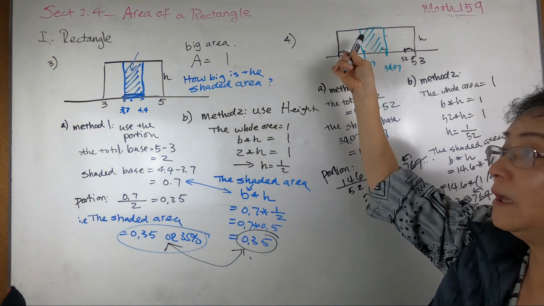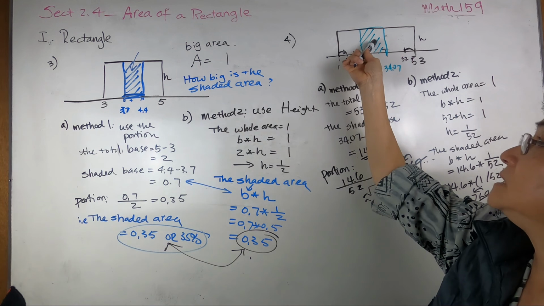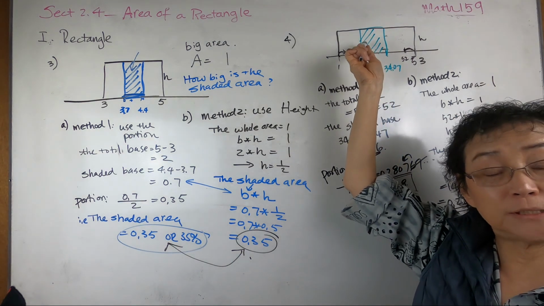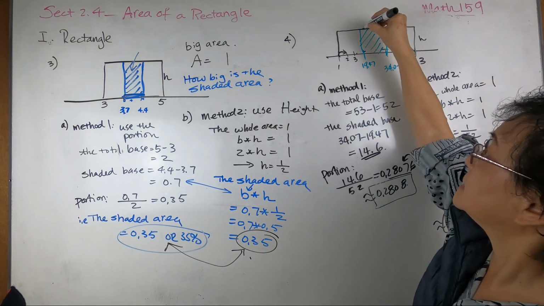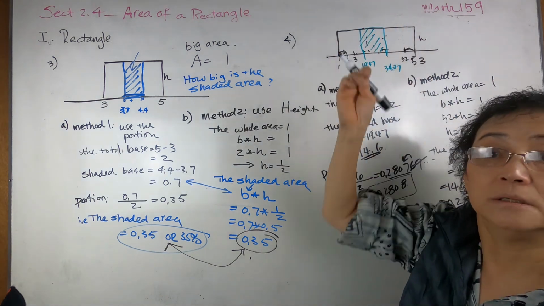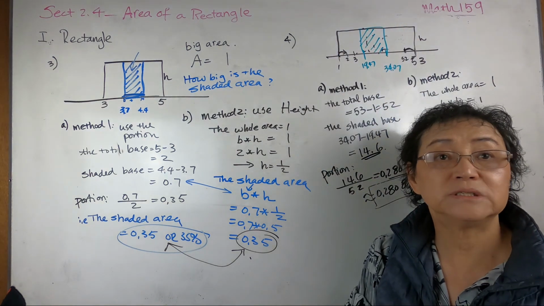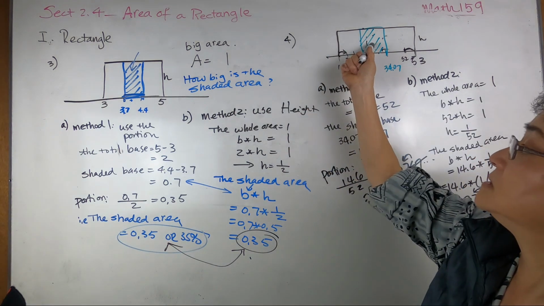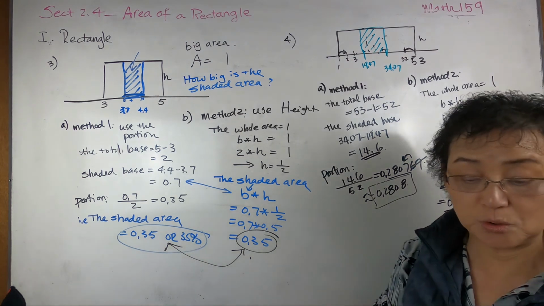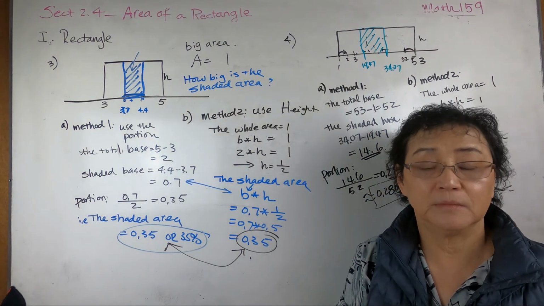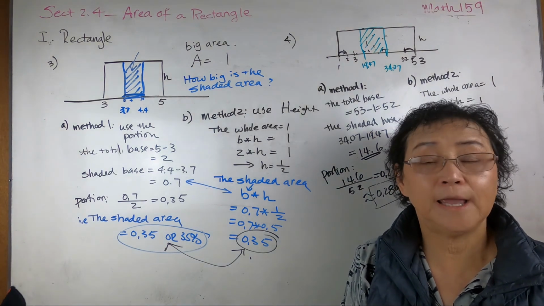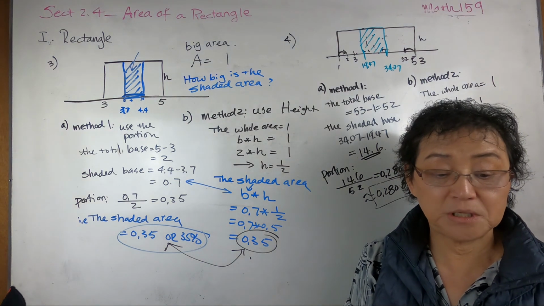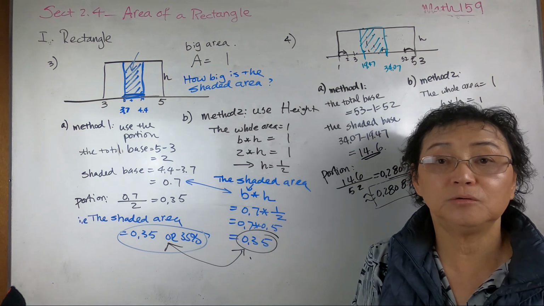The whole area is 100%, so the shaded area would be the possible chance it happens in this area, between 0 and 1. So this portion here is 28%. Are we okay? So this would be your section 2.4.